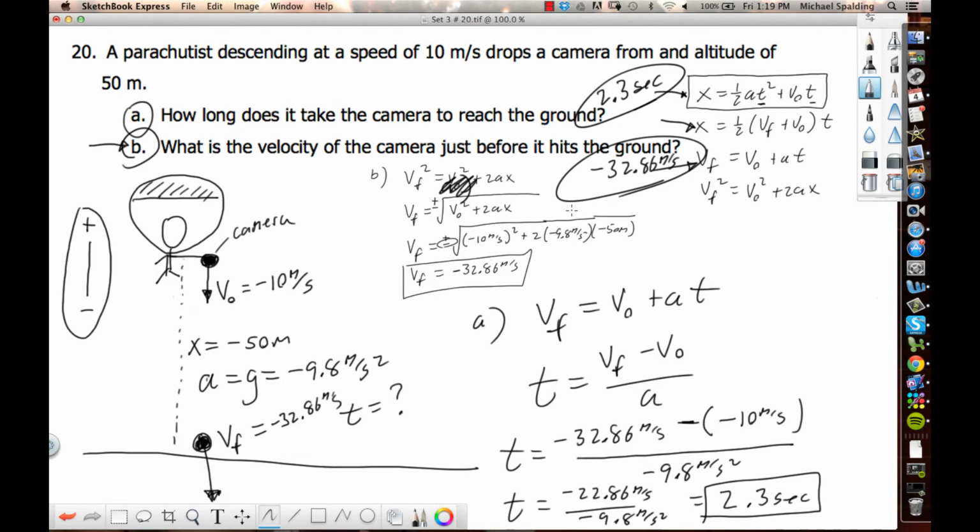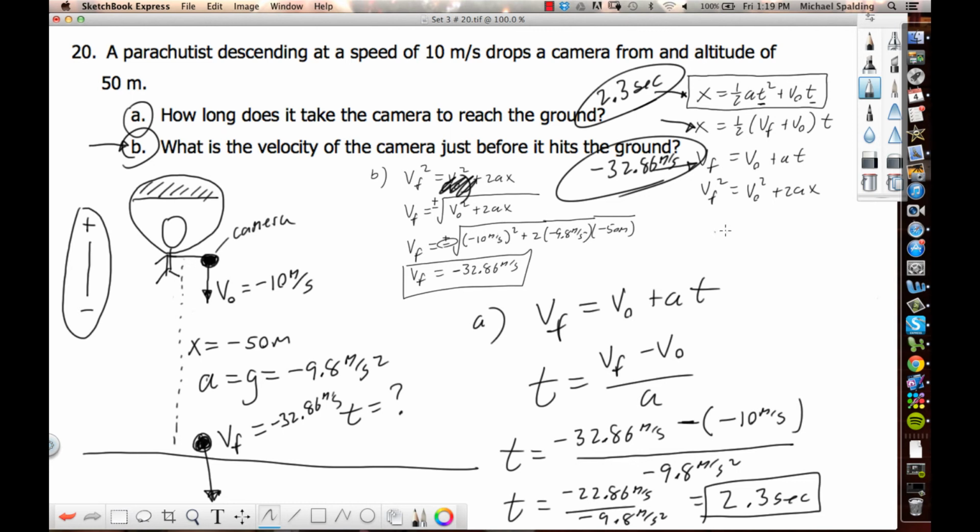For part B, for the velocity, what equation did you use? Oh, maybe I made a calculation error. Let's see, it's right here. So here's part B. So let's see, 2 times 9.8 times 50, plus 100.